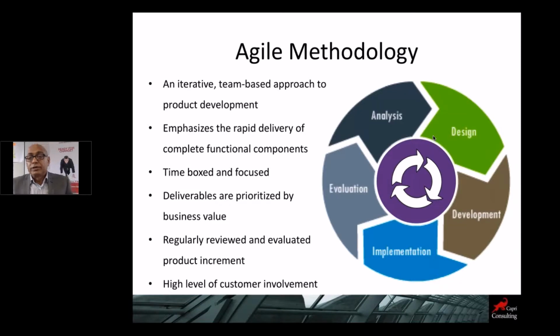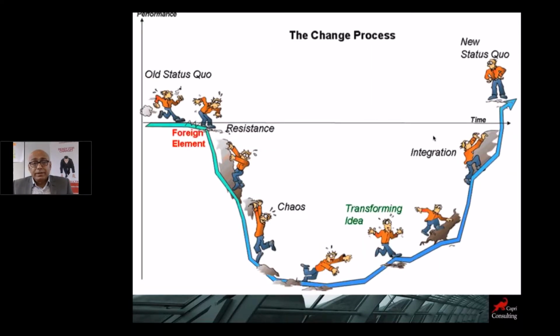Moving on to the topic, the common failures of Agile implementation. Before I talk about that, I'd like to talk about change. Any Agile implementation is basically change. As this picture describes, when you're moving from an old status quo to a new status quo, you suddenly realize change is happening, and most of us hate change because you're out of your comfort zone.